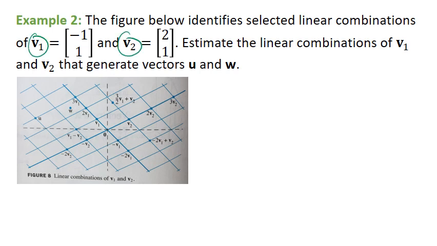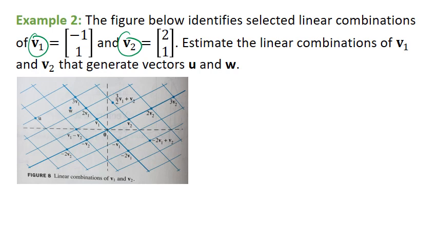So if I look at this, V1 is right here, which is the ordered pair -1, 1. And then V2 is over here with a different ordered pair.